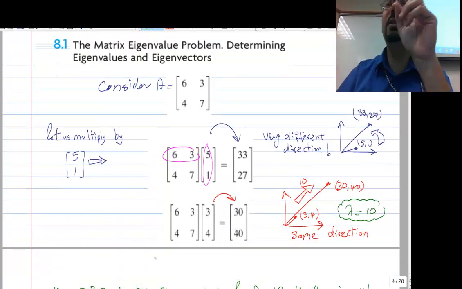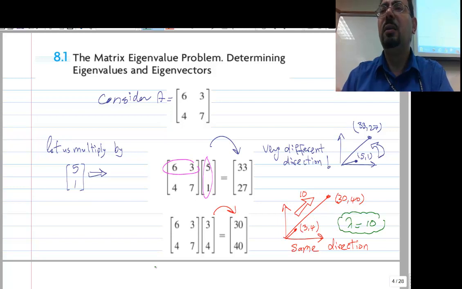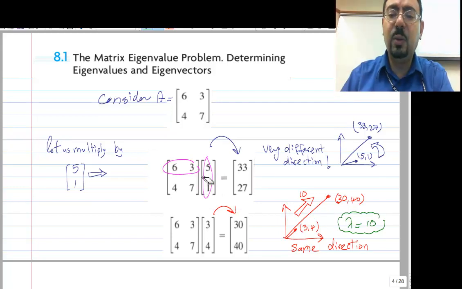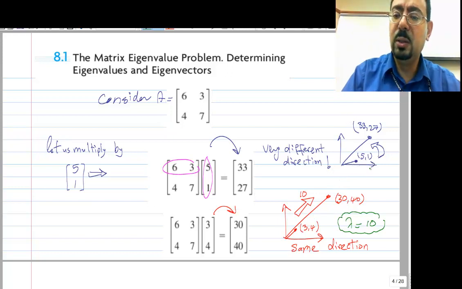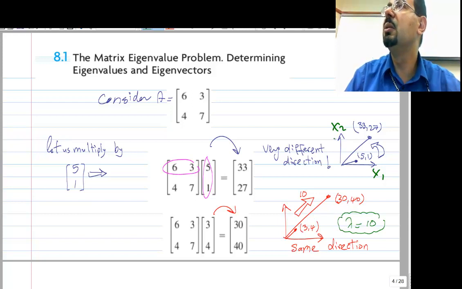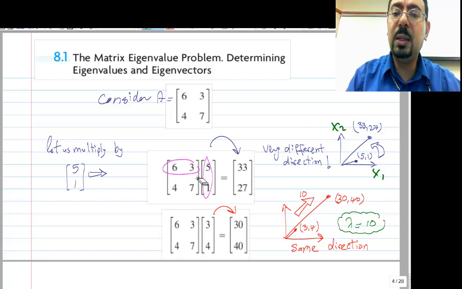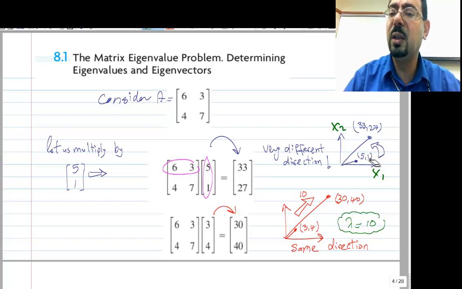So to start with, what is the meaning of this lambda? Here is a vector 5 and 1, for example. So this is on the x1 and x2 coordinate system, 5 on x1, 1 on x2. Multiplying this matrix 6 and 3, 4 and 7 by 5 and 1 will result in 33 and 27.